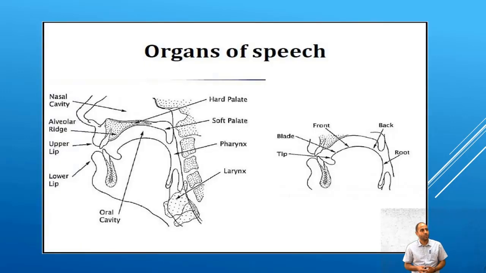Since we are concerned with organs of speech, we need to get an idea about what organs are involved in speech production. Mainly we have two cavities that are used to produce speech sounds. In the oral cavity we have different organs of speech, and then the nasal cavity.